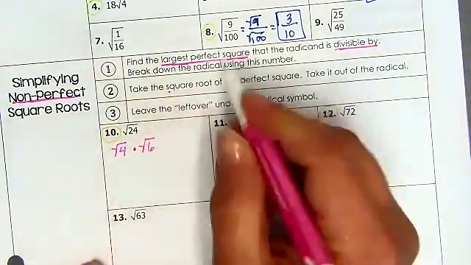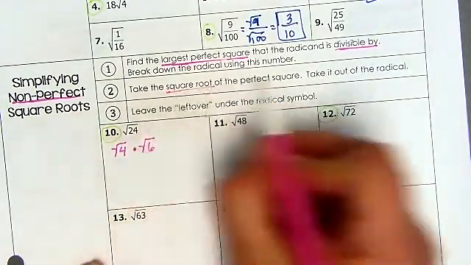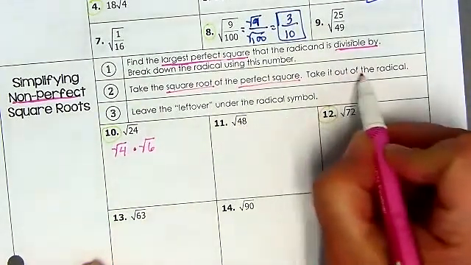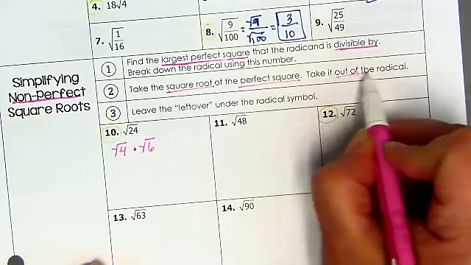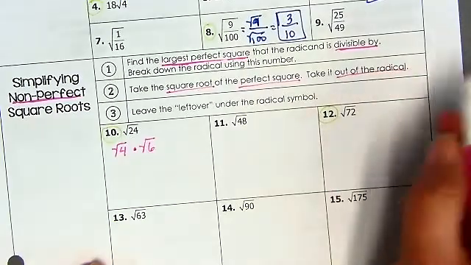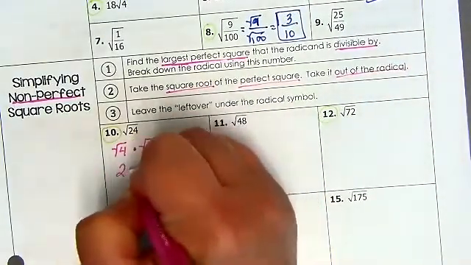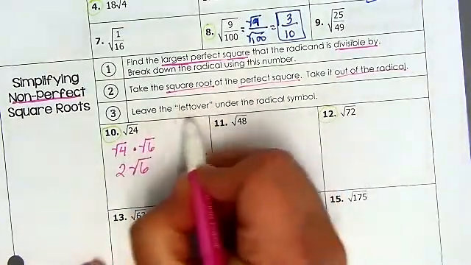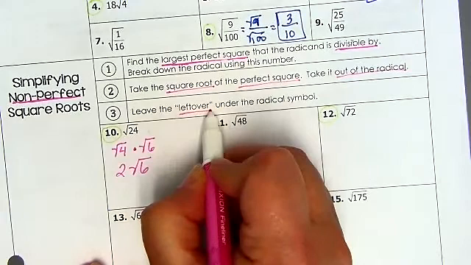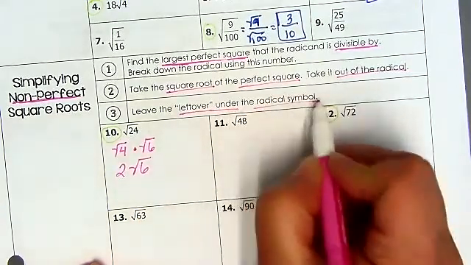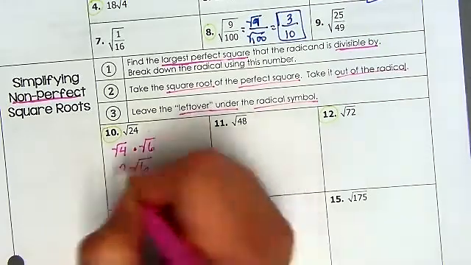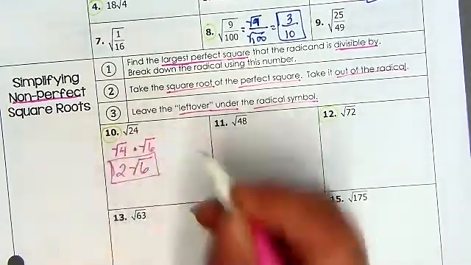Then I take the square root of the perfect square, which takes it out of the radical. So I'm going to end up with 2 radical 6. You leave the leftover under the radical symbol. Notice the 6 is still under the radical symbol. There's my answer. It can't simplify any further.